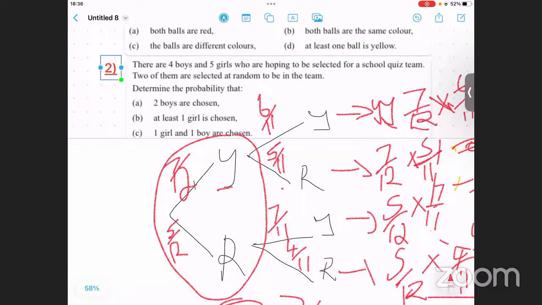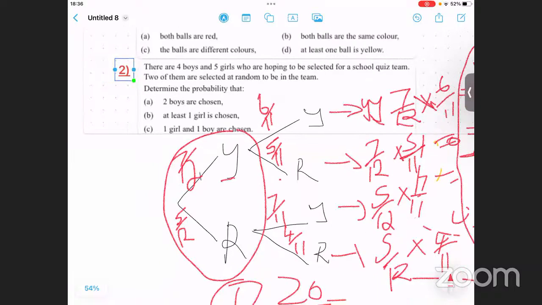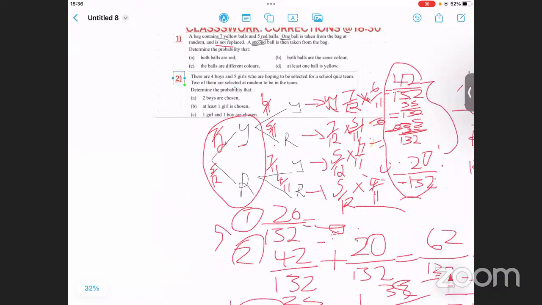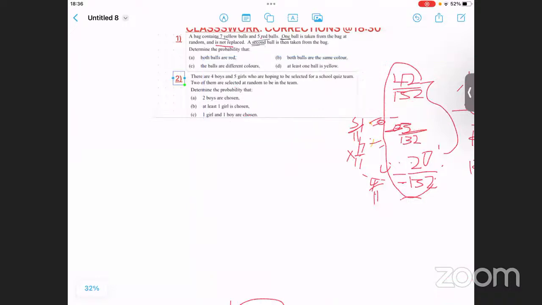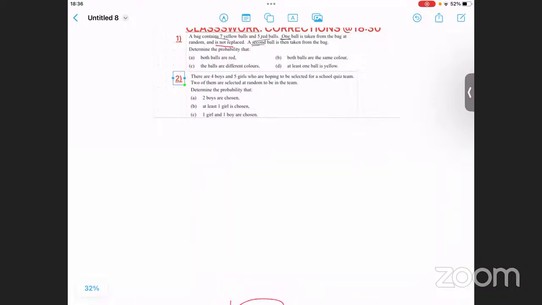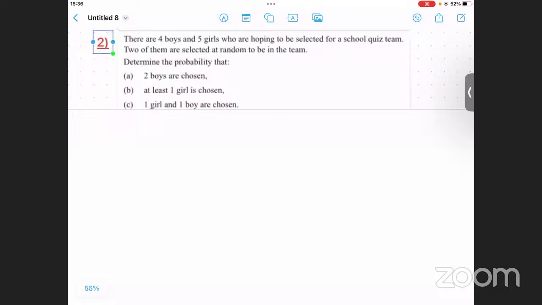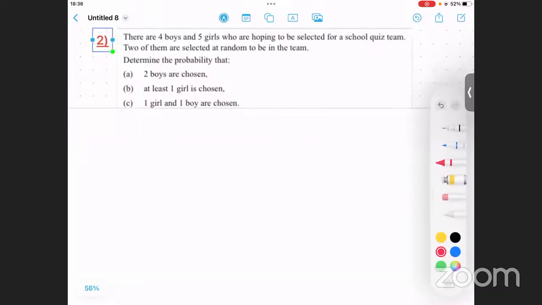So I'm just going to wipe these, and then we're gonna have a tree diagram like this.